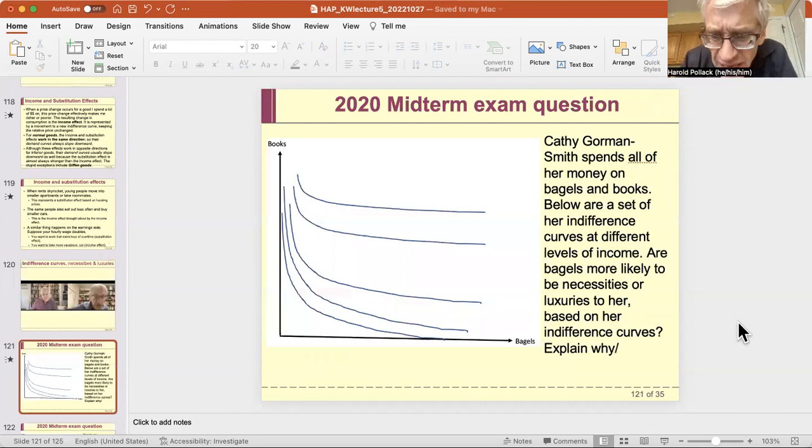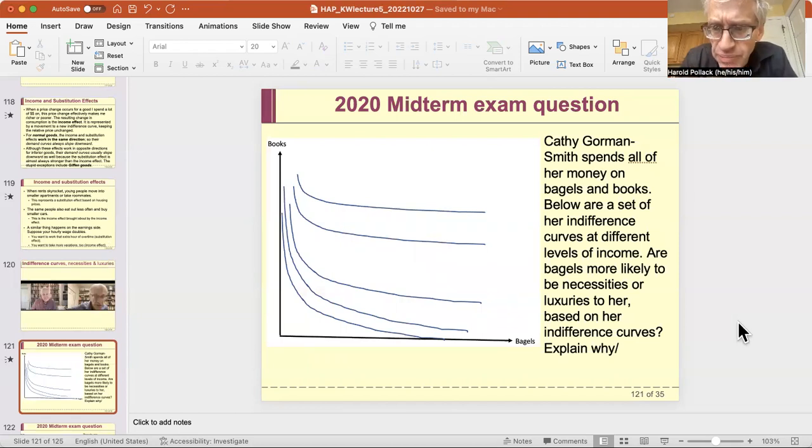Now here's an exam question, the midterm exam question that I actually kept for this lecture. I didn't put it in the answer key video, and I probably should have, but I thought it would be nice to have it as a piece in this one.